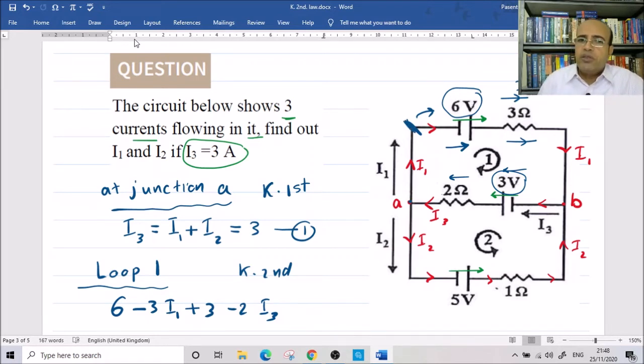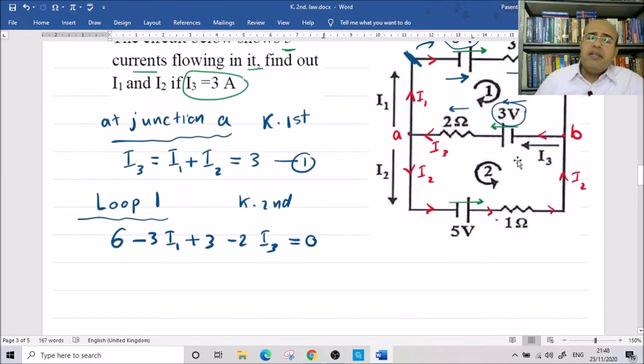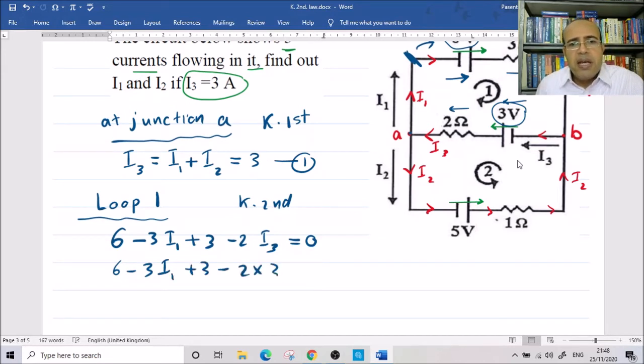This is the end of the loop, it means this equals 0. Now we replace I3 by 3, so 6 minus 3 I1 plus 3 minus 2 multiplied by 3 equals 0. Remember, the sum of EMF equals the sum of potential differences. It means if we add them algebraically, it will equal 0.